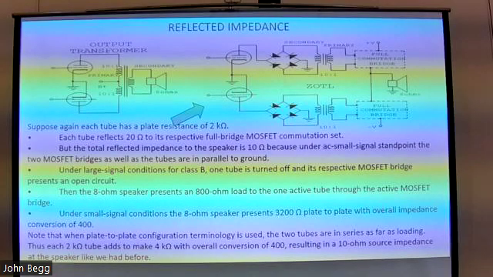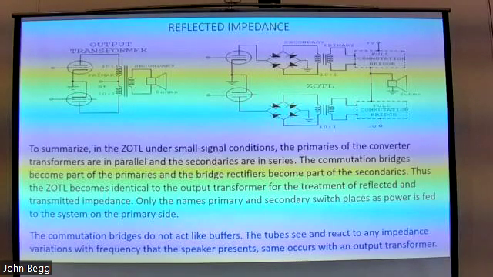So anyway, next slide. Just to summarize, in the ZOTL under small signal conditions, the primaries of the converter transformers are in parallel, the secondaries are in series. The commutating bridges become part of the primaries and the bridge rectifiers become part of the secondaries. Thus, the ZOTL becomes identical to the output transformer for the treatment of reflected and transmitted impedance.